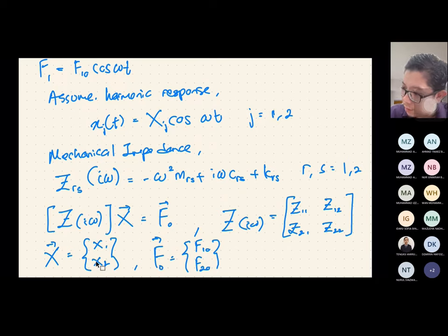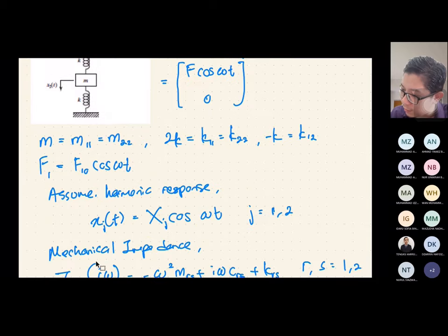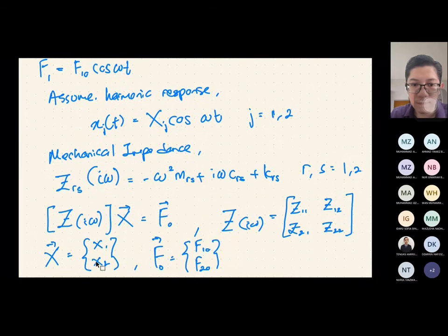It depends. If the input is in X2, or coordinate 2, then this F10 will be 0 and this F20 will be the input. So the one that we have over here is at coordinate 1.